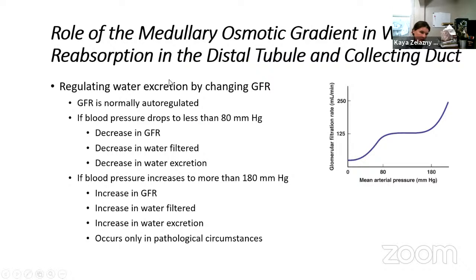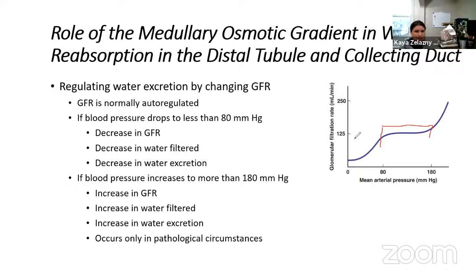The final thing we want to think about here with our water excretion is that glomerular filtration rate also does have an effect, right? We talked a bit at the beginning about how glomerular filtration rate is regulated. We talked about those regulatory mechanisms, right, for keeping glomerular filtration rate in this nice zone to correspond to our usual mean arterial pressure range, right?